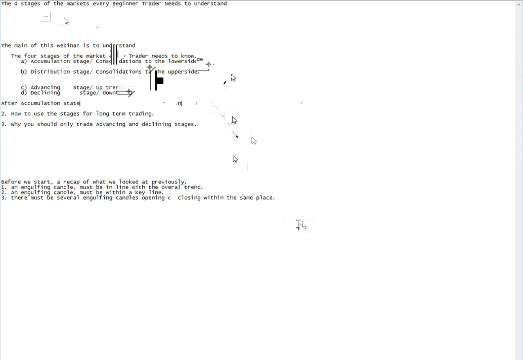So declining should be there, and then this was the distribution stage, like that. And then we have the first one, which is the advancing stage. So basically this is what we are looking at.